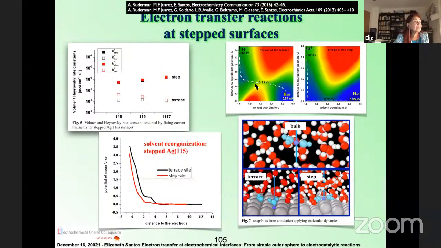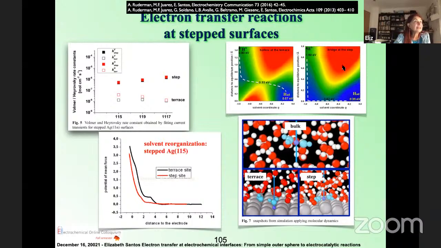Then here we see that the movement is parallel to the solvent coordinate. And here at the end, when the electron transfer has occurred, the transition state is still far away from the surface.